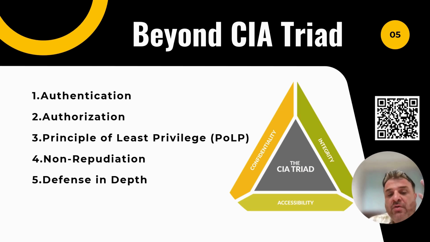In RBAC, the permissions are assigned based on user roles. For example, a manager role has access to budget reports while a clerk role does not.